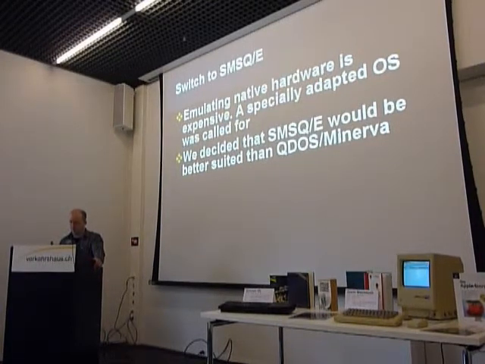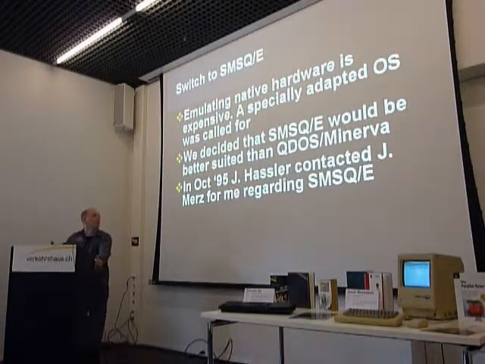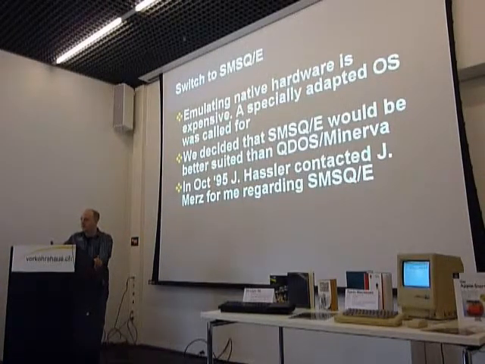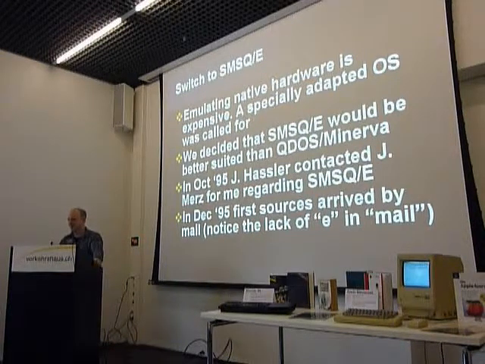So we decided for that, and my friend Jochen contacted Jochen Matz for me, whom I didn't know back then, to check if I could somehow get SMSQ. And actually, in December '95, I got the first source code disk from Tony, which back then really traveled by snail mail from France to Jochen and finally to me.